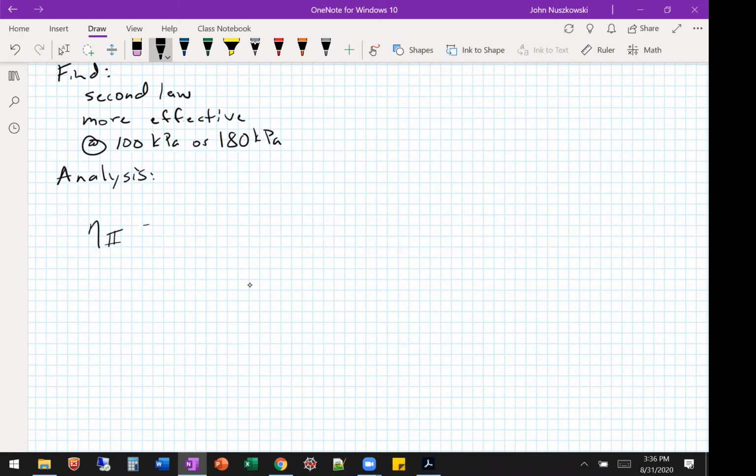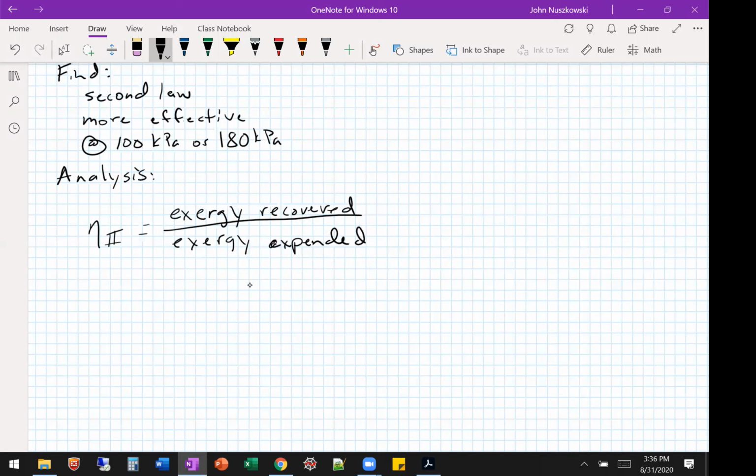So our second law efficiency, I'm just going to write it again, because we need to figure out exergy recovered divided by exergy expended, or 1 minus exergy destroyed over exergy expended.